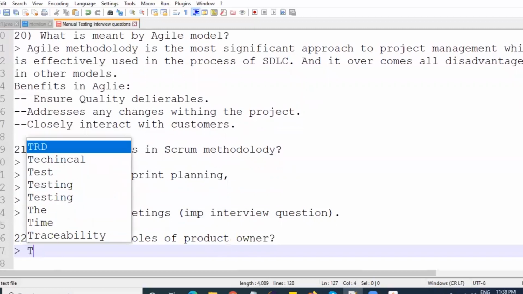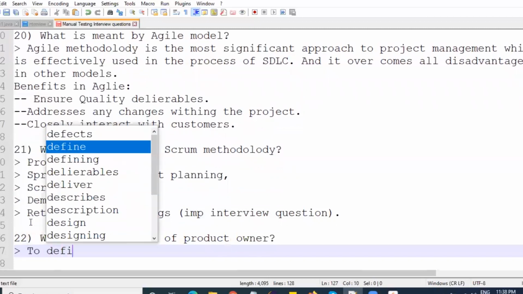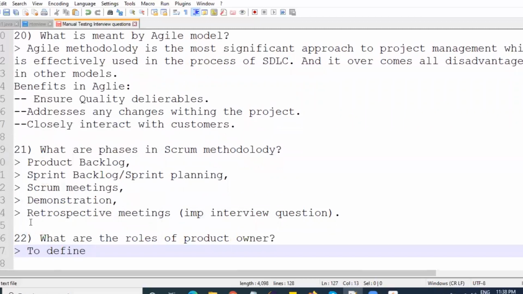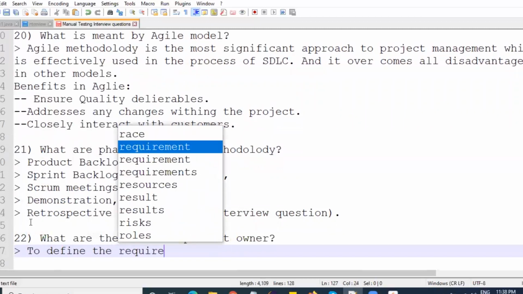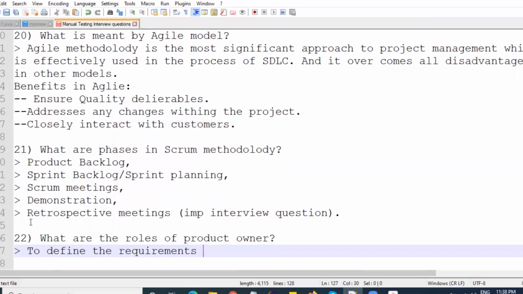First, he or she needs to define what the user needs, define the requirements, and prioritize the values.